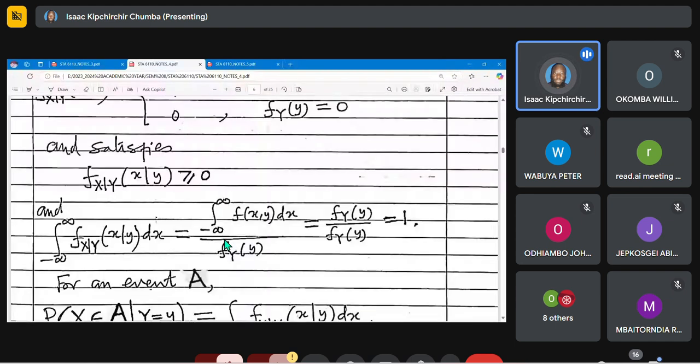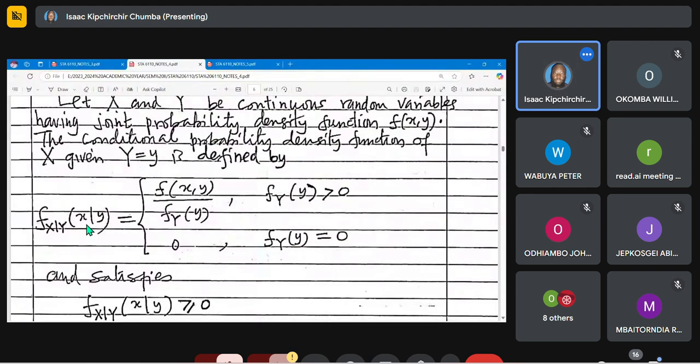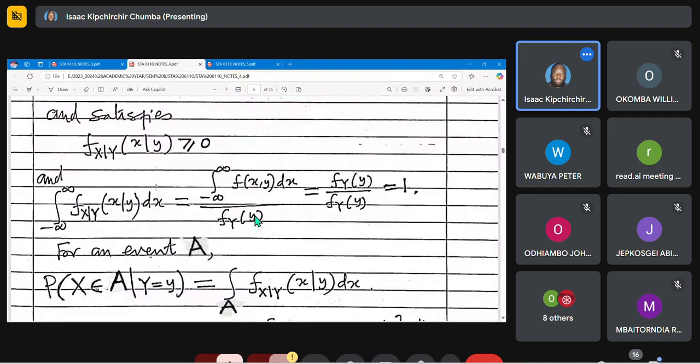So I'll be integrating the numerator with respect to x. And when you integrate the joint with respect to x, you get the marginal of y. With the marginal of y over the marginal of y, you get 1. Meaning whatever you have defined is actually a probability density function. So this is what they call the conditional PDF of X given Y. You can see it integrates to 1.